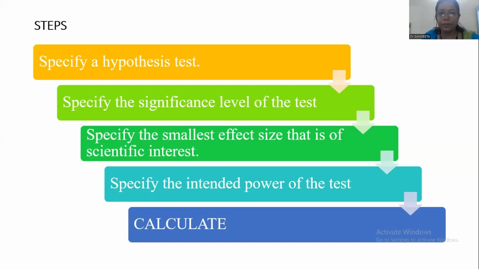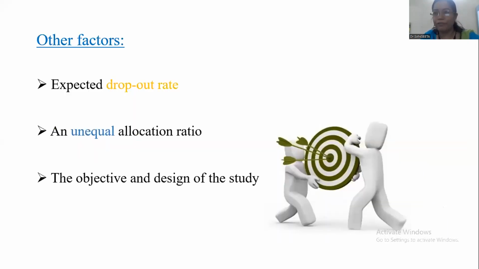Okay. Apart from this, the other factor that you need to consider is the dropout. What happens is that whenever we are doing a longitudinal study, a prospective study, you start with 100 subjects in your study. Over a period of 6 months, you see hardly 40 or 50 are coming back to you. You need to anticipate this dropout before you start your study, and then do the adjustments.